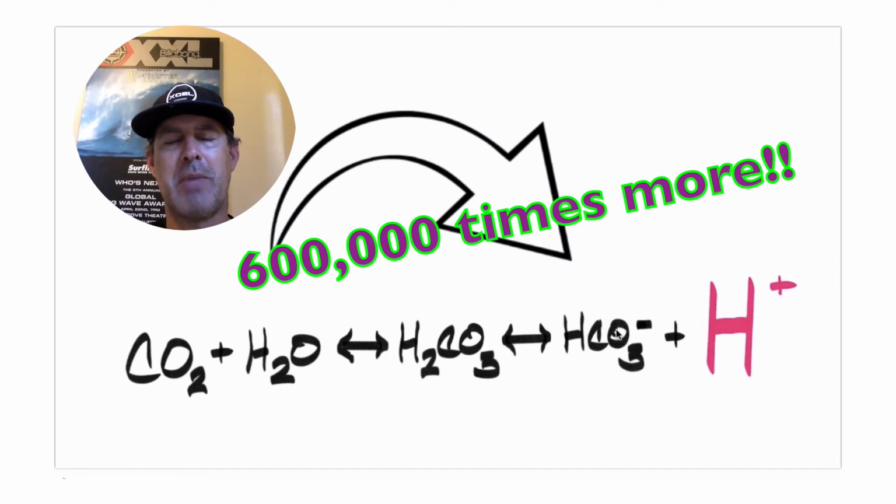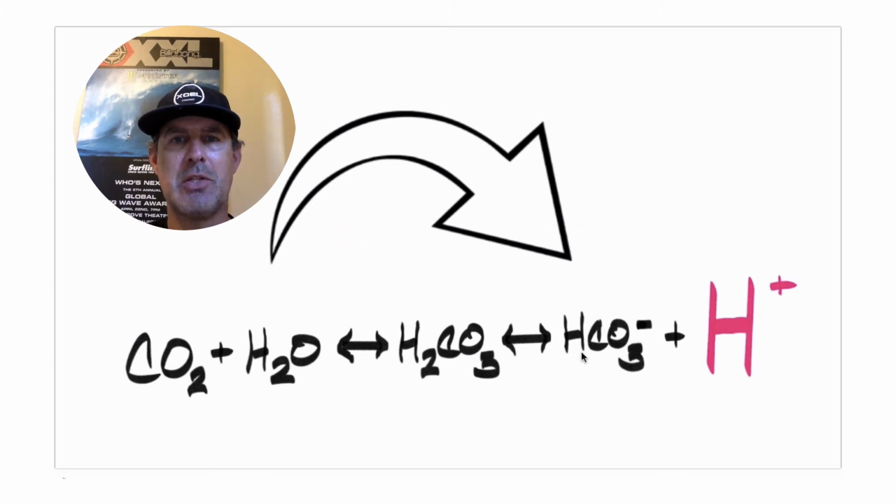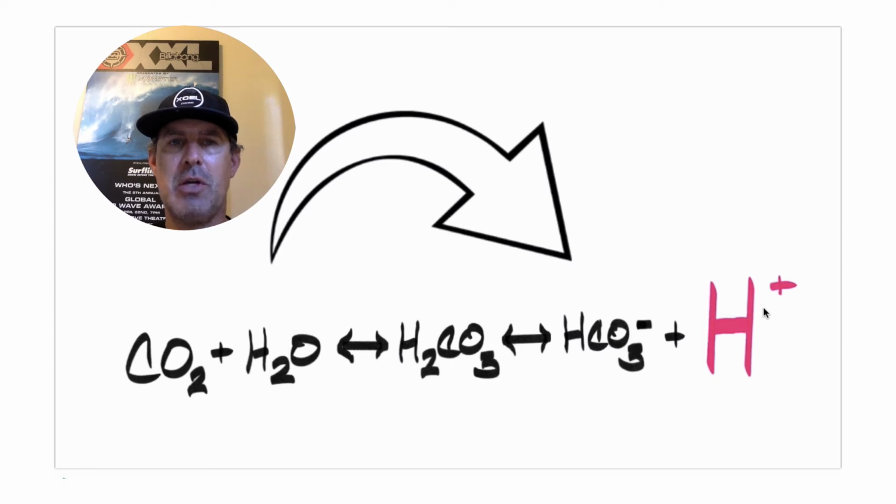So increasing bicarbonate does not have an impact, and that's why I did not reflect an increase in bicarbonate in this equation right here. But there's certainly an increase in the hydrogen ion. So by shifting to the right in this equation, trying to achieve balance, we have a problem because now we have an increase in the hydrogen ion concentration in the body, otherwise known as a decrease in pH in the body.